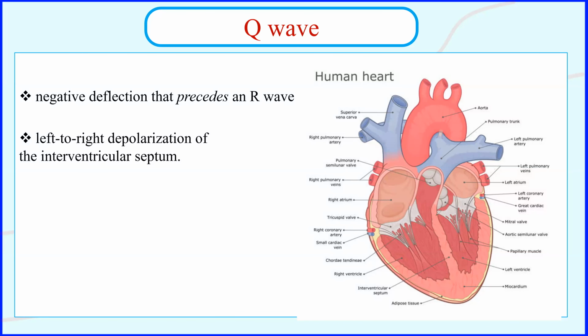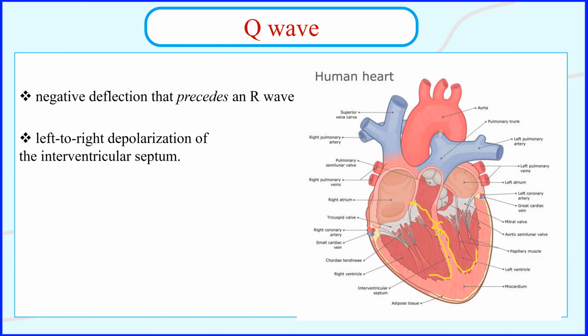So the electricity, guys, and please focus on this. We have an AV node here, and there's the bundle of His coming to the interventricular septum, and after that it will divide into the left bundle and right bundle, right? Now, when the electricity comes into the interventricular septum first, the depolarization, or the contraction as well, will happen from the left side toward the right side.